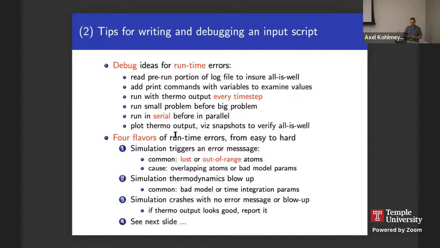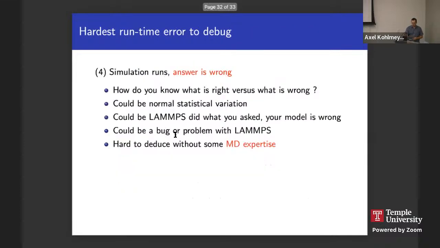The third hardest is if your simulation crashes with no error message or blow up. If the thermodynamic output looks good, like you're not getting infinity, then it can be helpful to report it on the MatSci forum.